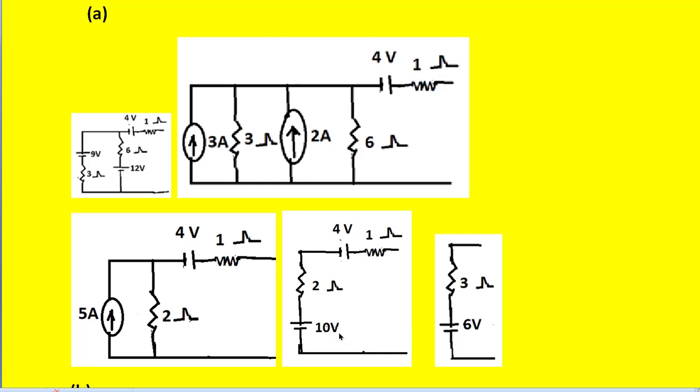If you apply KVL for this, from here to here, the first negative, next positive, so it is a voltage rise, whereas here we are getting negative first, next positive, means it becomes a voltage rise.